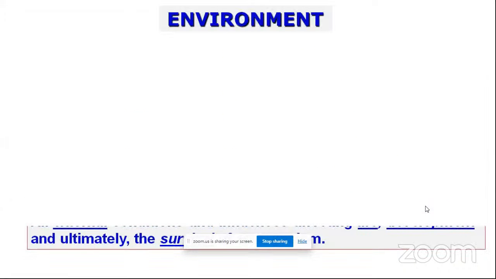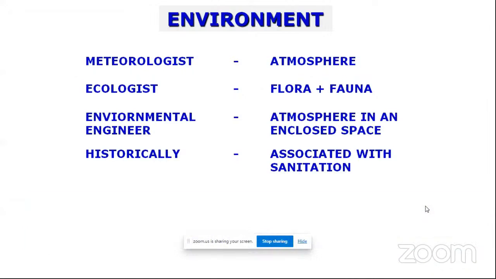Now, in truth, everything is environment. Atmosphere in meteorology is environment, flora and fauna is environment, atmosphere in enclosed space is also environment, and so is sanitation, cleanliness, associated with health, public health, community health.